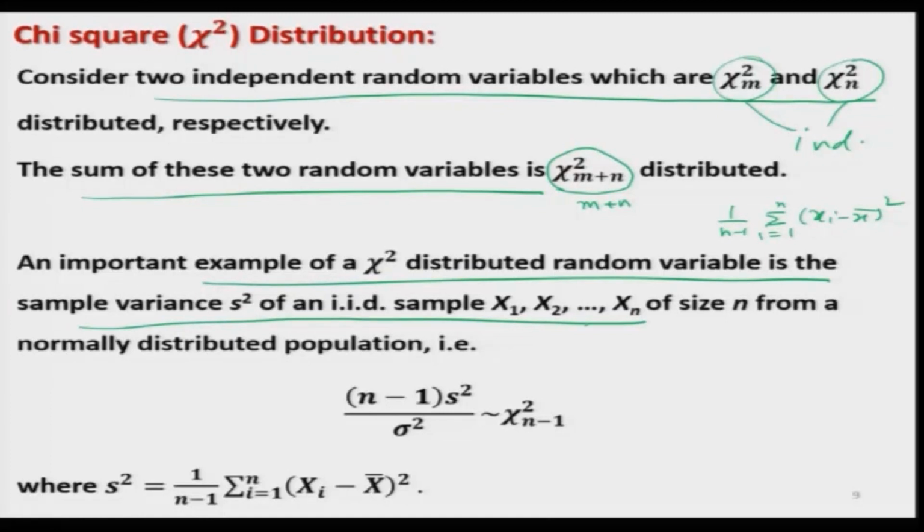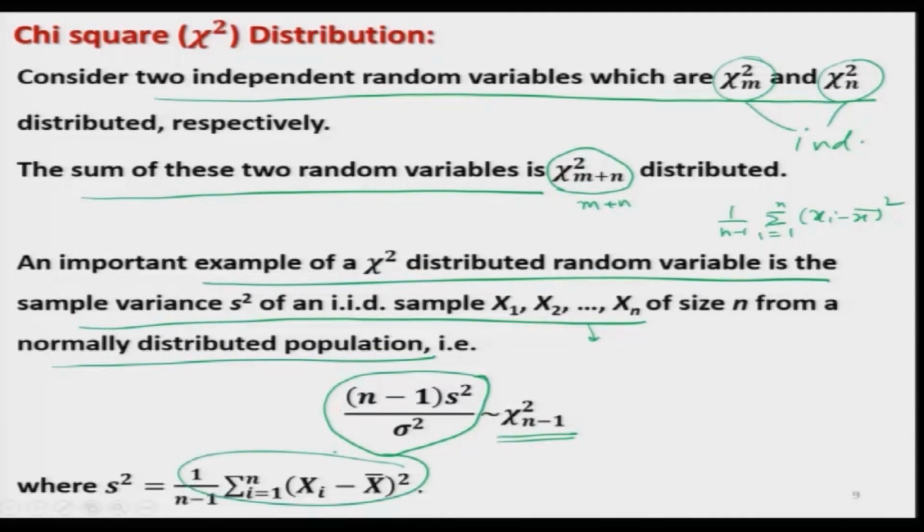So, these x1, x2, ..., xn are obtained from a normal distribution, and then we can say that (n minus 1) times s square upon sigma square follows a chi-square distribution with n minus 1 degrees of freedom, where your sample variance s square is given by this quantity. That is also a very important result which is going to be used at many places in the estimation of parameters, tests of hypothesis, and different properties of statistics.